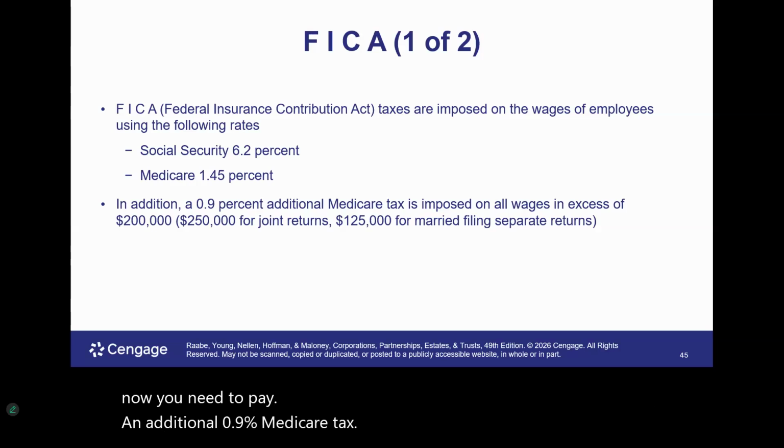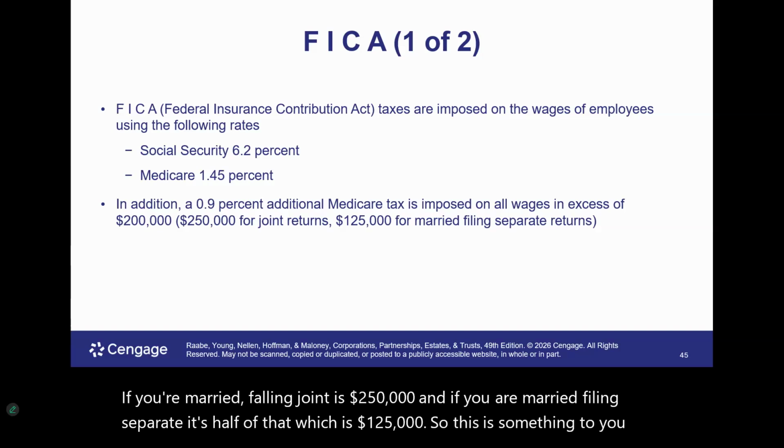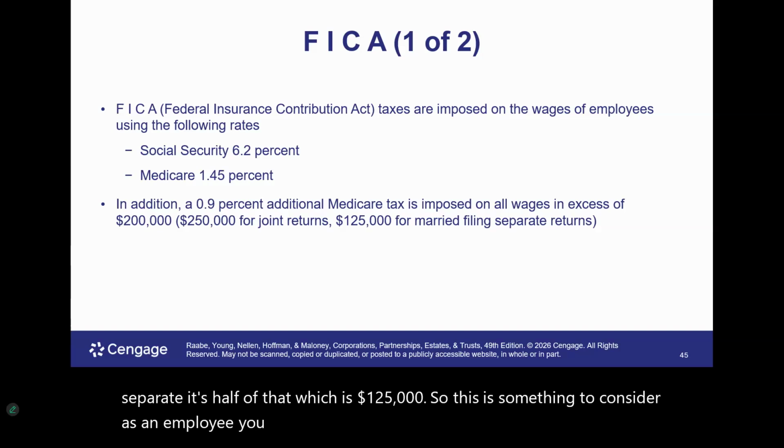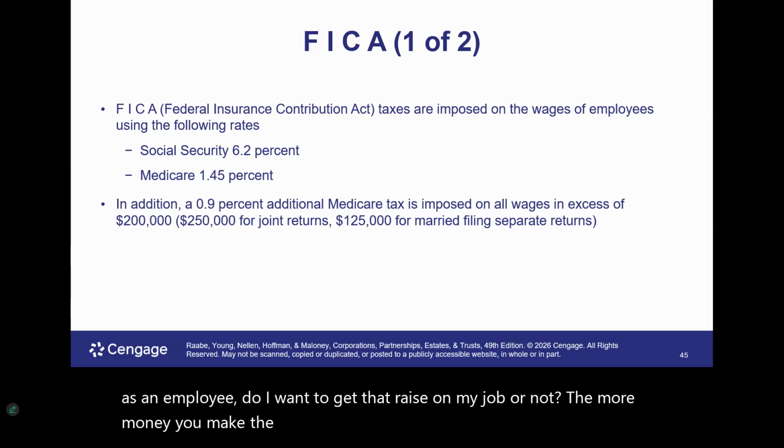If you're married filing jointly, it's $250,000. And if you are married filing separately, it's half of that, which is $125,000. So this is something to consider as an employee. Do I want to get that raise on my job or not? The more money you make, the more of the pie Uncle Sam wants, unfortunately.